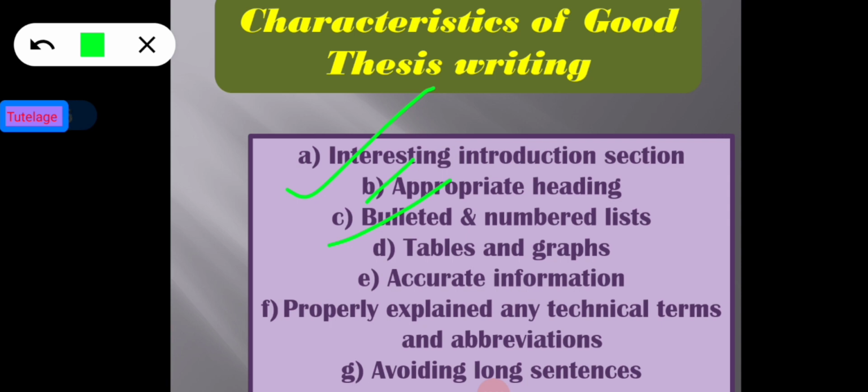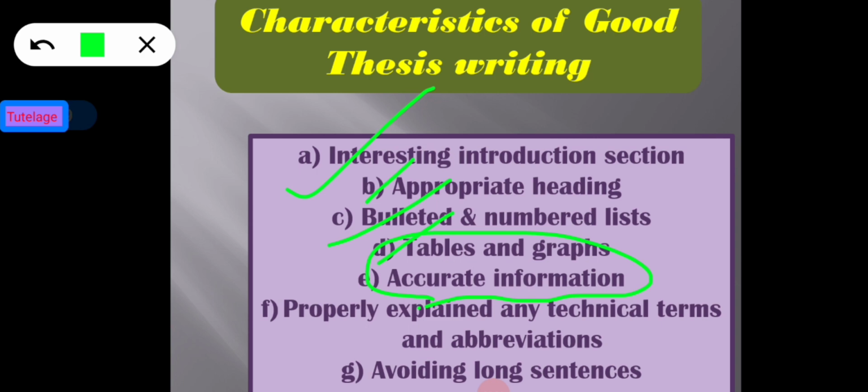And now going to the fourth one, that is tables and graphs. Tables and graphs should be used to illustrate data and findings effectively, and these will help in better understanding of the findings.